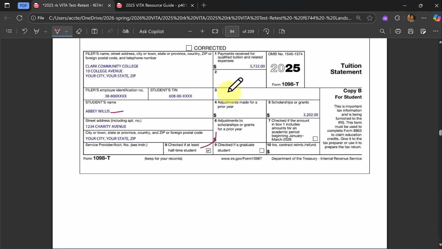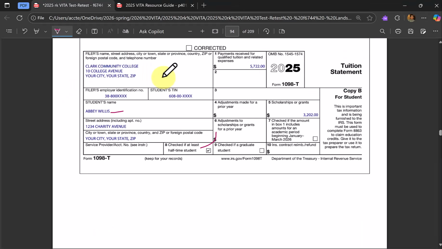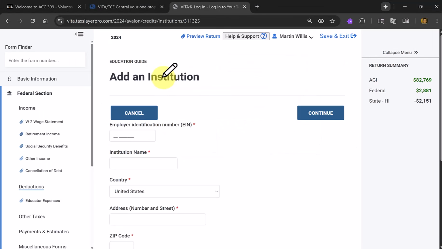Okay, so I'm looking at this information here. Clark Community College. Let's just enter the ID. 38800.